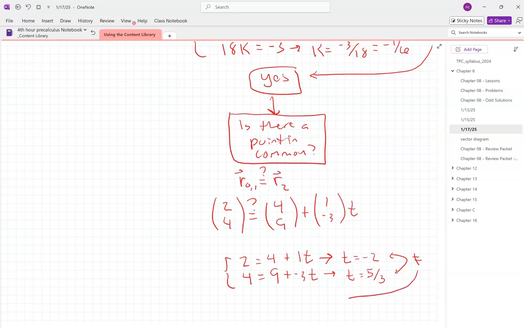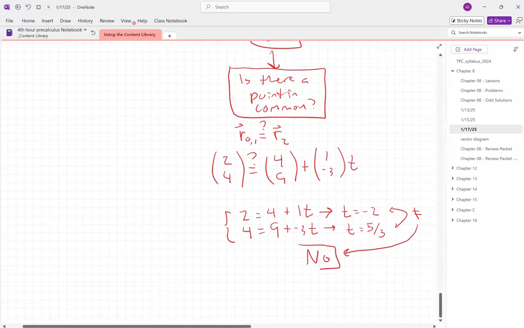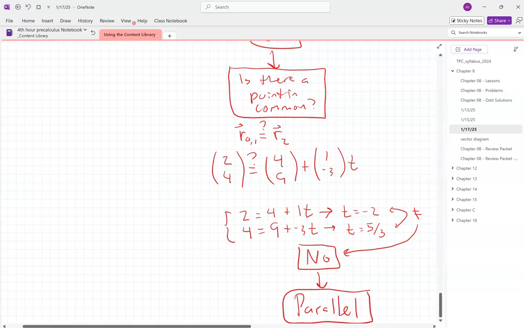Since these are not equal, that tells me no, they do not share any points. So they must be parallel. That feel okay?